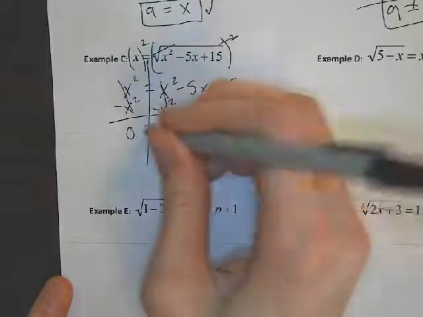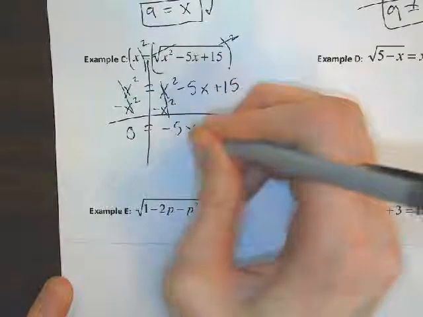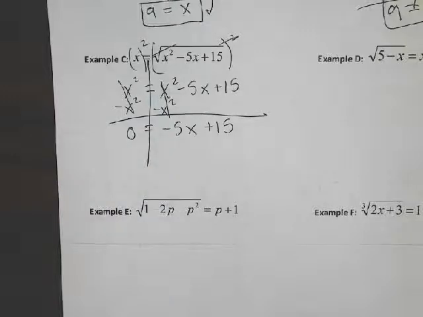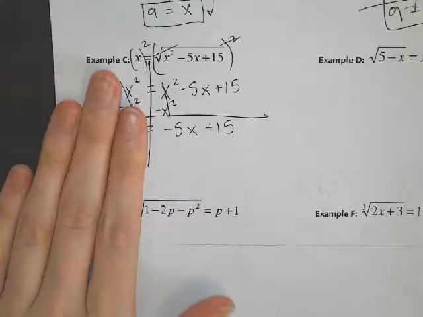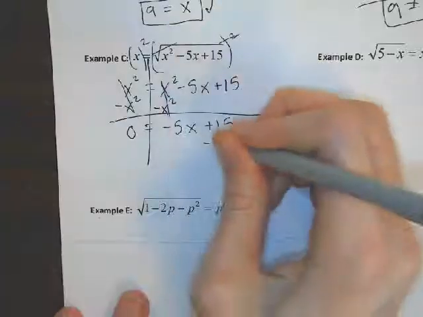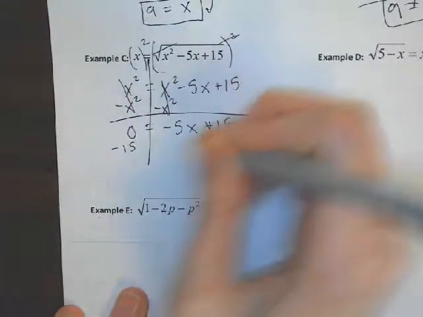And what's on the right side? Well, we got negative 5x and 15. So is this something that I have to factor in order to solve? No, you don't have any exponents in here that says expand this out. So just solve for x the usual way. Cover up the opposite side. Furthest thing away is the 15. Keep going. Minus 15.